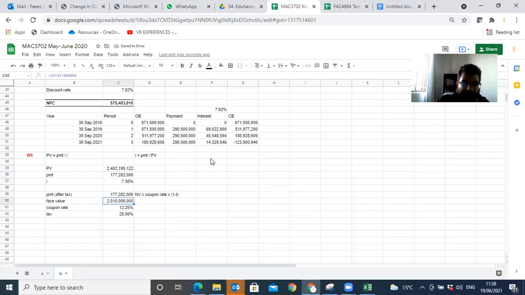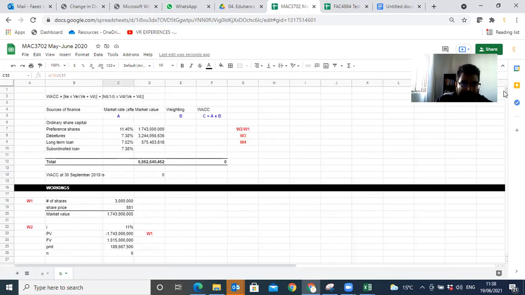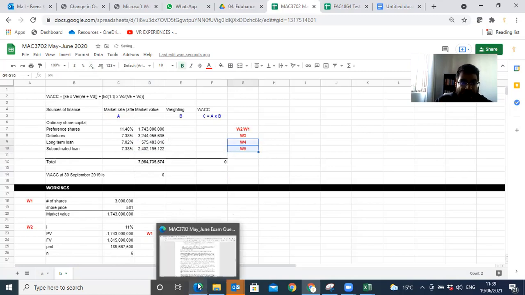Face value is 2 billion, more or less. Okay, so this is C55. So if I go over here, equals C55. So there we go. Now we must do ordinary share capital. If you go to part D, so I remember this.